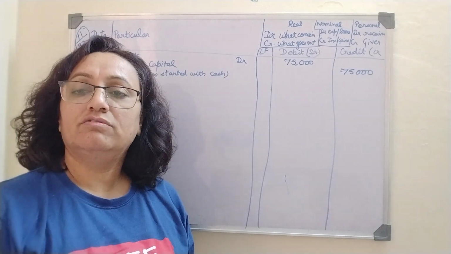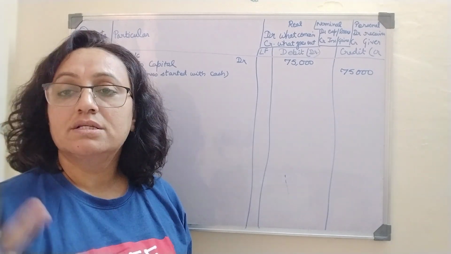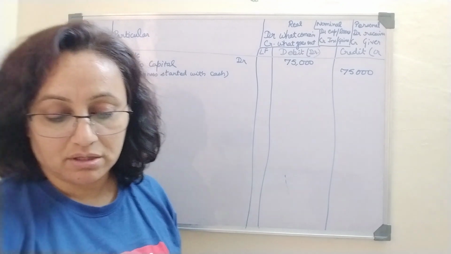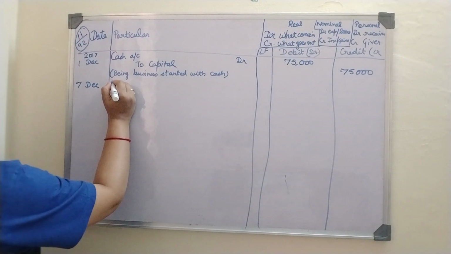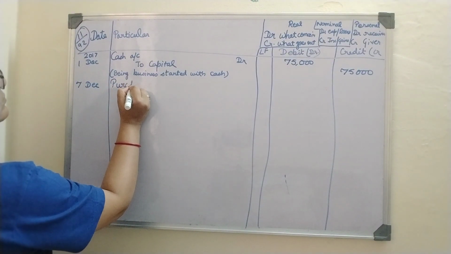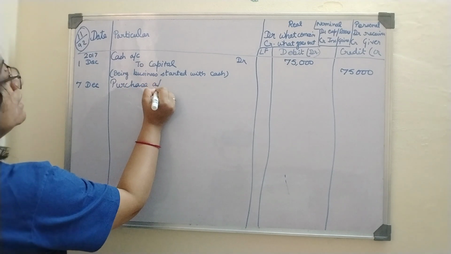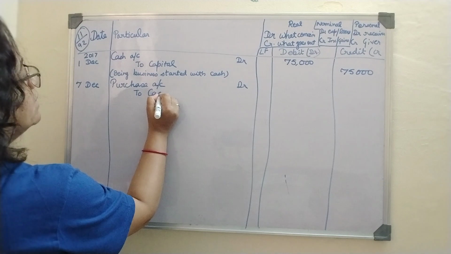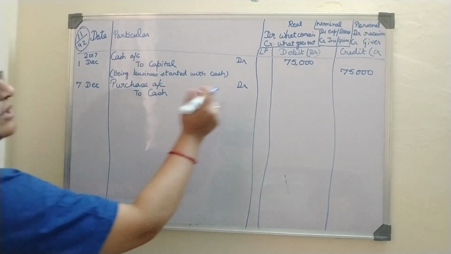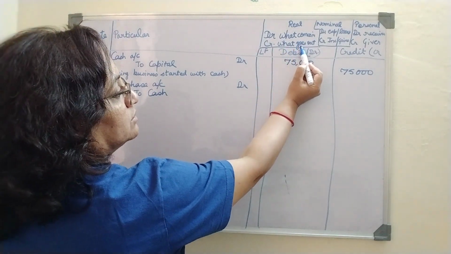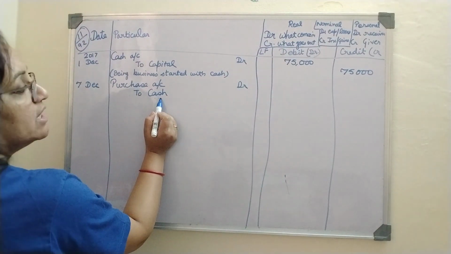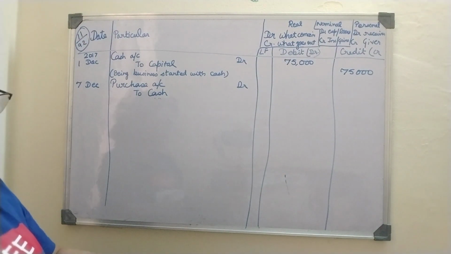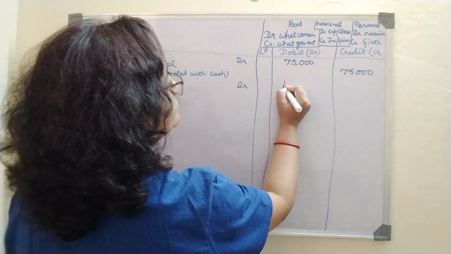Purchase account when we are purchasing something, sales account when we are selling something. So we have purchased goods for cash, so purchase account debit. If any name was given to us, then we would have written that name to cash, because cash has gone out. Credit what goes out, right? Cash is going out, so we are crediting it. So purchase account debit to 10,000.